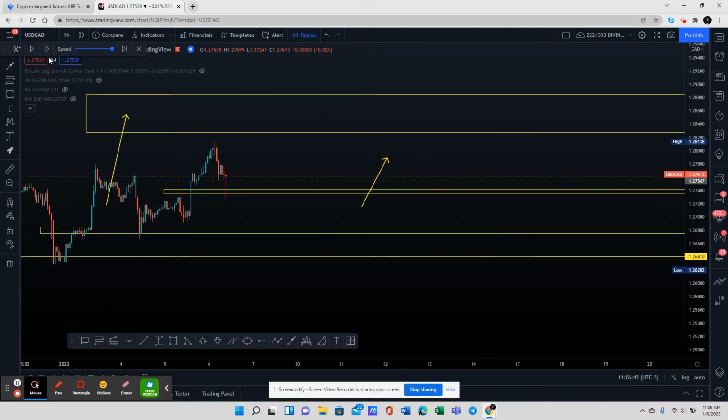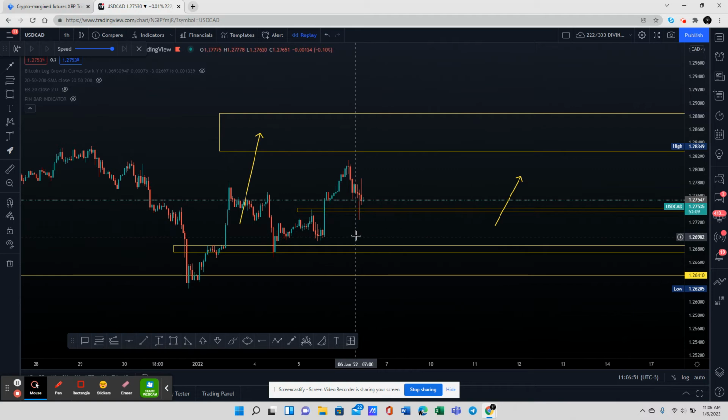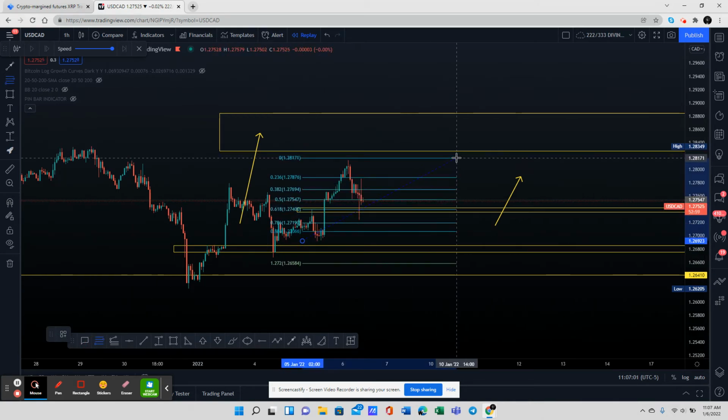We got it. Okay. All right. Now we're back in real time. All right. We got the move. And then we get the spike. So let's remeasure this to see where we really are at.